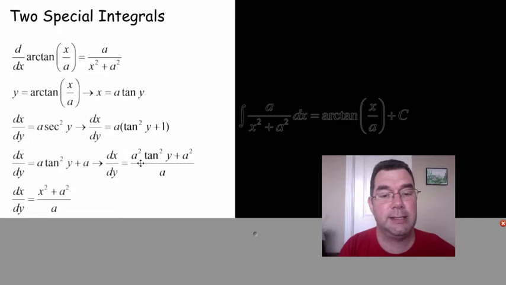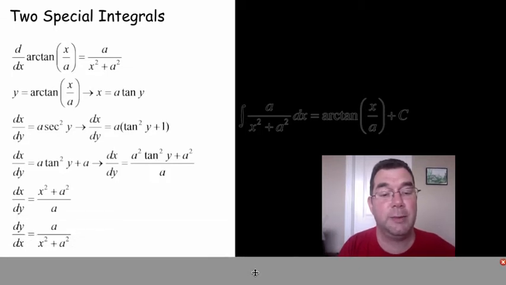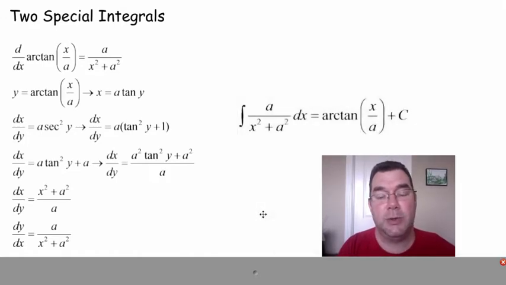So this is the same thing as x squared. So I make that substitution, and dx/dy is x squared plus a squared all over a. So if I flip that upside down, I get dy/dx. And so the opposite must be true. If I integrate this function, I will get back to the arctangent of x over a plus c.